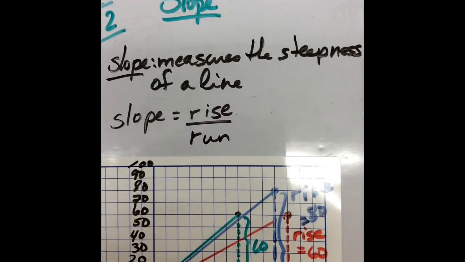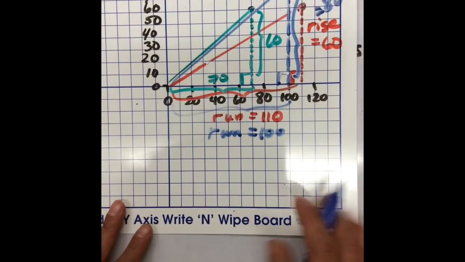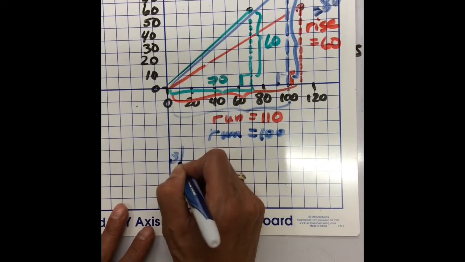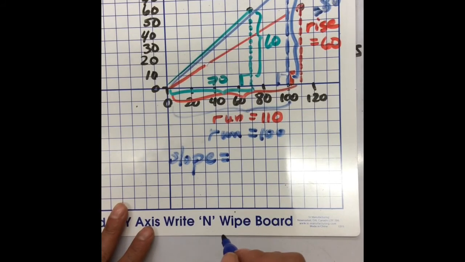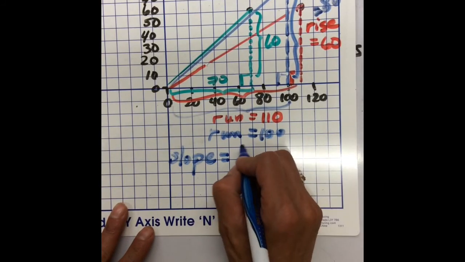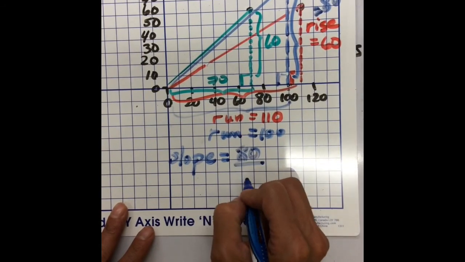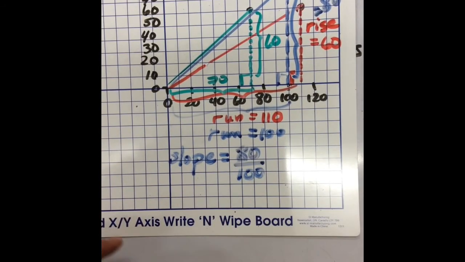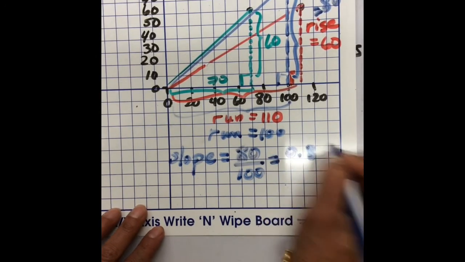And so for the blue one, the slope of the blue one is equal to 80 over 100. And if we measure that and calculate it, we get 0.8.